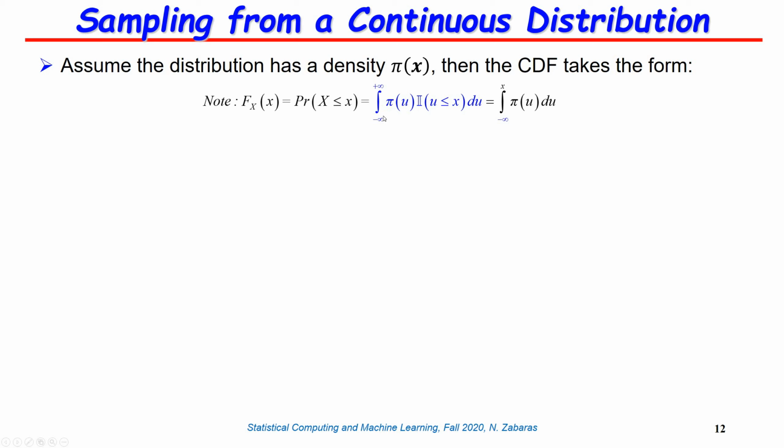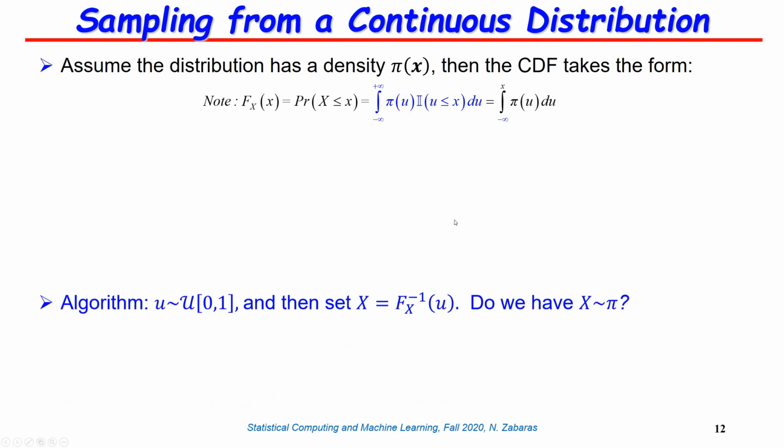So to get non-zero values, you have to integrate from minus infinity to x, and this is what you see on the right-hand side. But this is nicer because the limits of integration include all the support of the random variable, going from minus infinity to infinity.